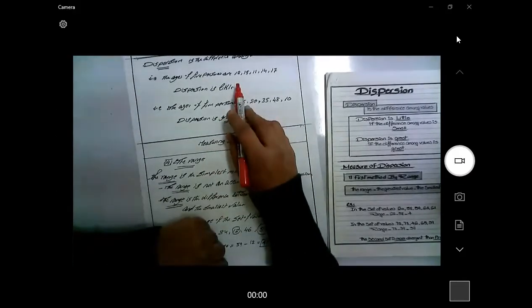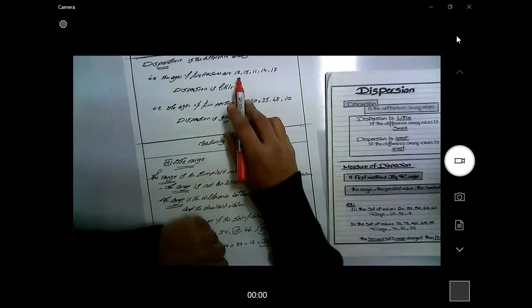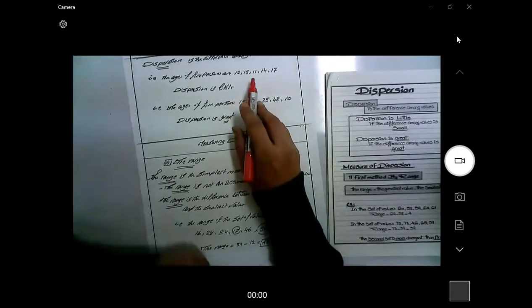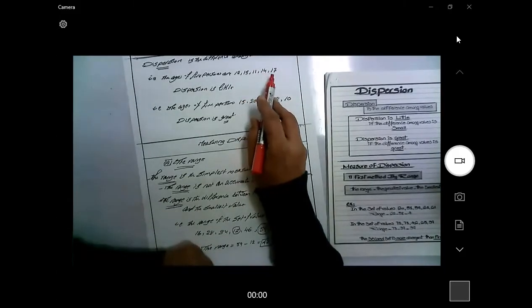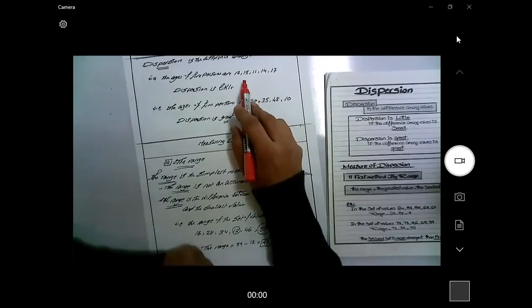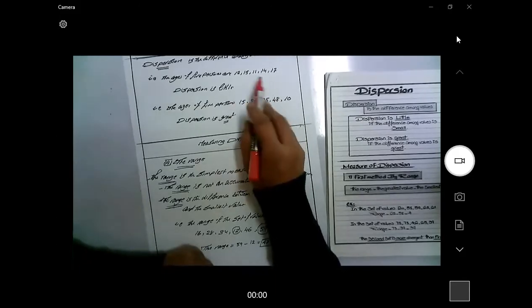If we have 5 persons whose ages are 12, 15, 11, 14, and 17, dispersion is the difference among values.